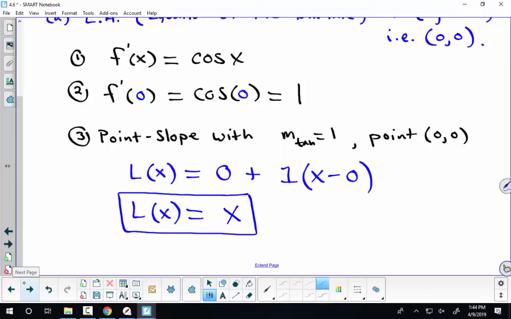Doesn't it just give us the slope at whatever point we want? The derivative function cosine x would give us the slope at any point, but we've set that in stone once we said evaluate the derivative at 0. So that's now very concrete. We're specifically on the sine function at that location, 0, 0.